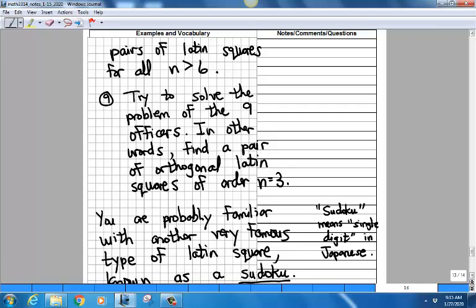Okay, so y'all are all familiar with Sudoku puzzles, right? Do y'all play those sometimes? Okay. All right. So now you're going to have to help me because I don't play Sudoku at all, right? And I was always confused about the rules here. So how does this work?